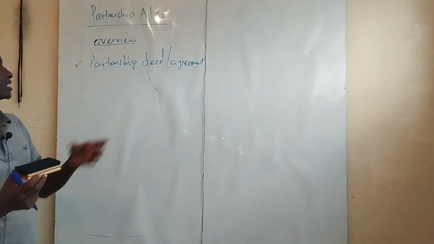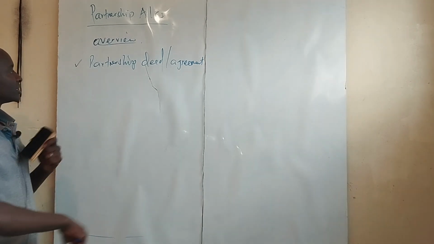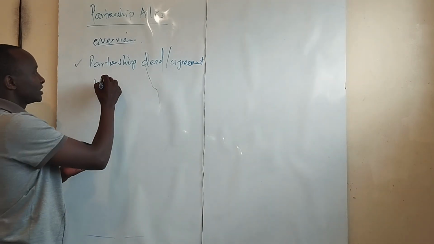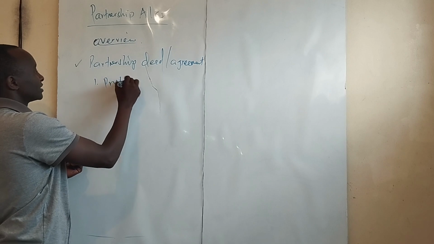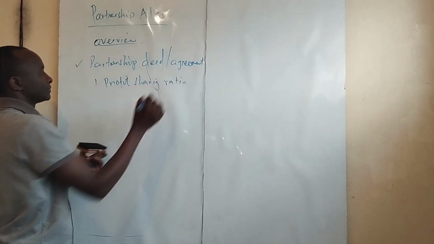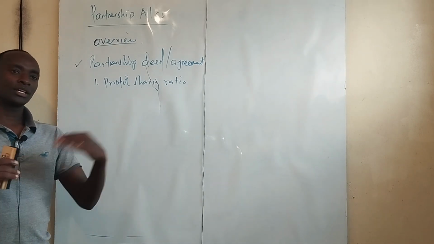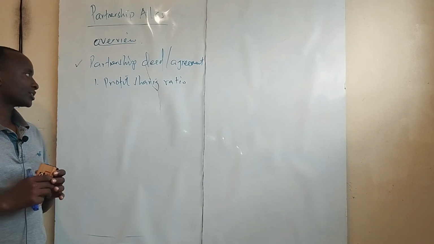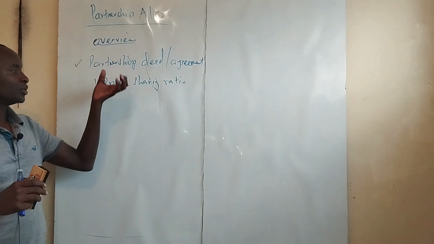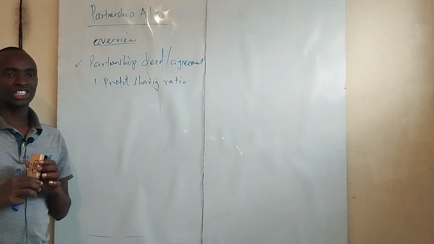There are several things that the partnership agreement will stipulate, and number one is the profit sharing ratio. That is, at the end of each financial year, or at the end of a certain period of time, these partners will share the profits as per the profit sharing ratio.